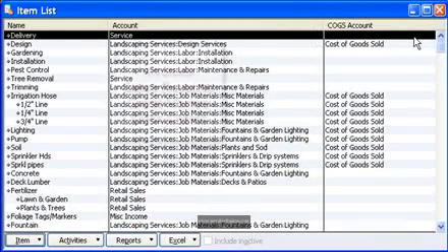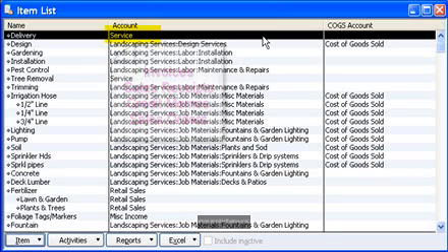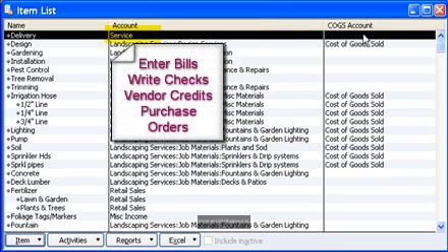Now when this particular item is used on the invoice screen, on the sales receipt screen, or in the credit memo screen, it's going to post to this account here in this column, this service account, which is a revenue account. When this item is used on the Write Check screen or the Enter Bill screen, it's not going to post to a COGS account or to an expense account because one was not chosen when the item was set up. Instead, it's going to post a debit to the service account.